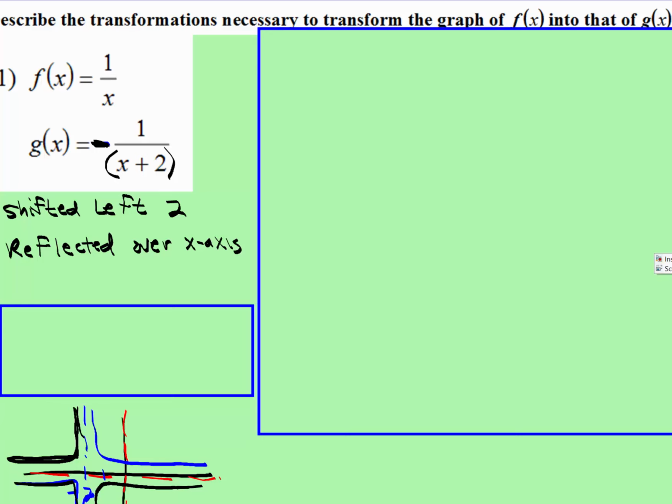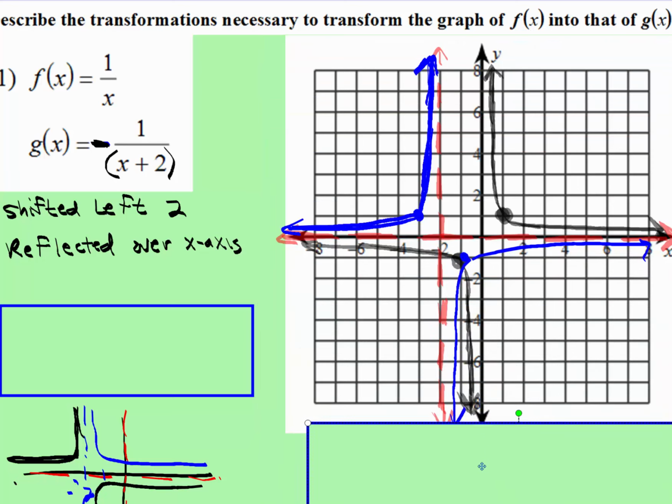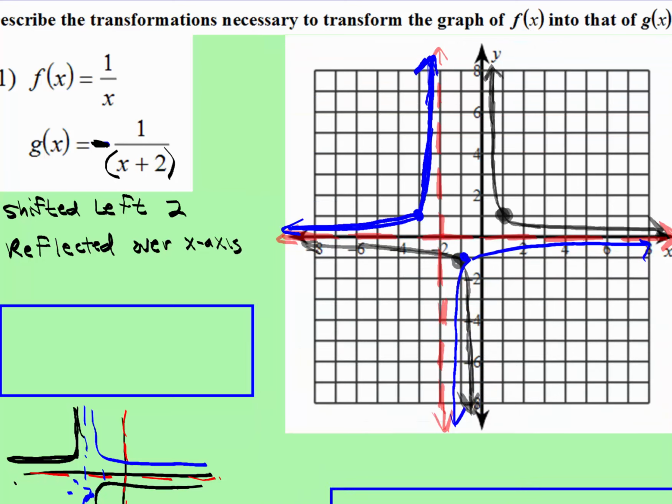So this right here is now shifted down here, and this piece right here is now reflected over the x-axis. So this stuff just gets erased. There you go. So notice, this asymptote right here got shifted over 2.